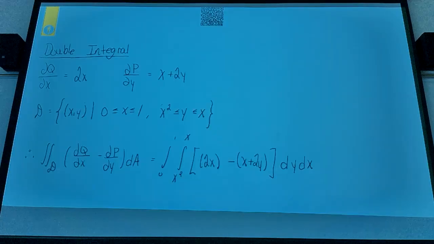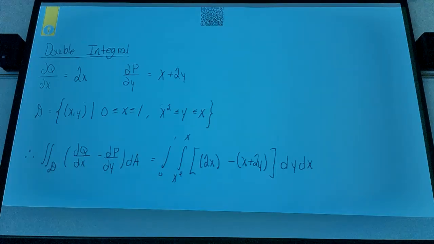So the integral from 0 to 1, integral from x squared to x, of x minus 2y dy dx. That's what we're evaluating.